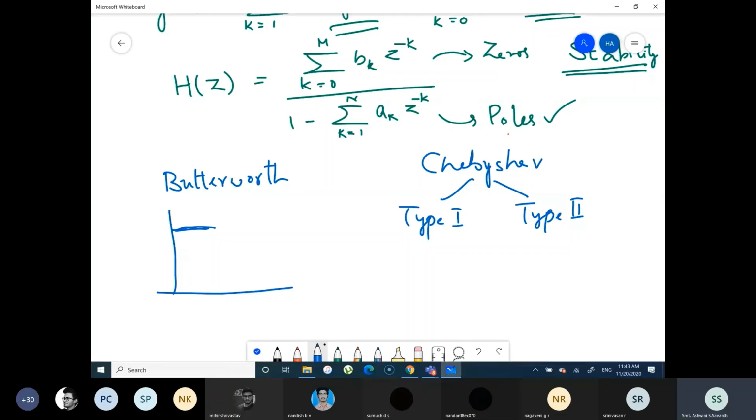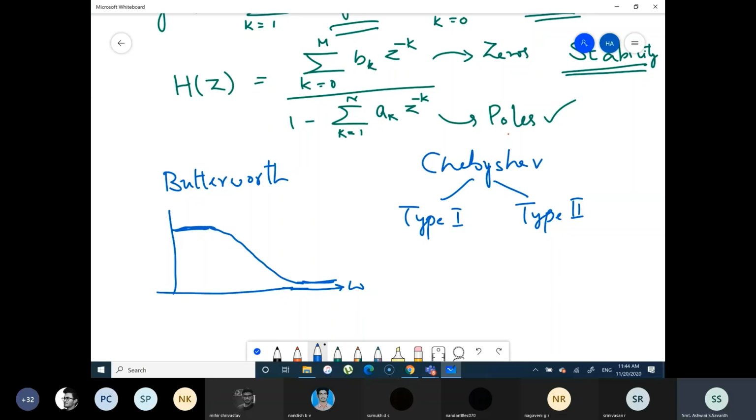So there are two kinds of responses: monotonic response, and one that could have ripples in the passband and the stopband. Butterworth has a monotonic response, right? And generally the transition band of a Butterworth filter will be a little large. It will be a gradual transition and then it comes down to zero. So it is almost flat in the passband. It has a monotonic passband and stopband and a wide transition band.